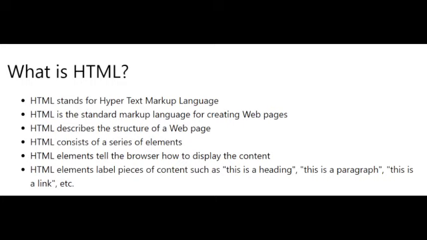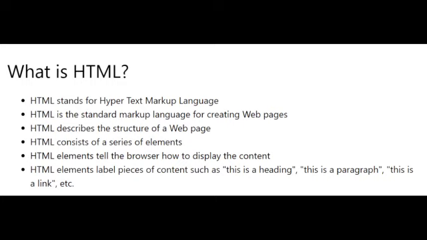Next, HTML consists of a series of elements. As I said, elements are what make up a markup language. That's why we call it a markup language. Then HTML elements tell the browser how to display the content.